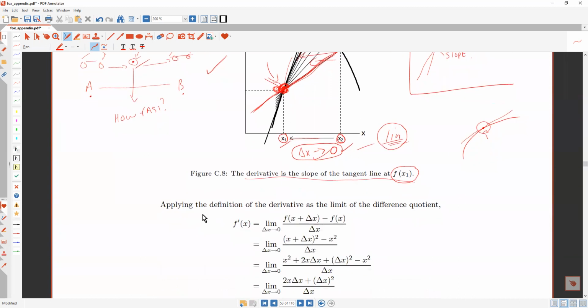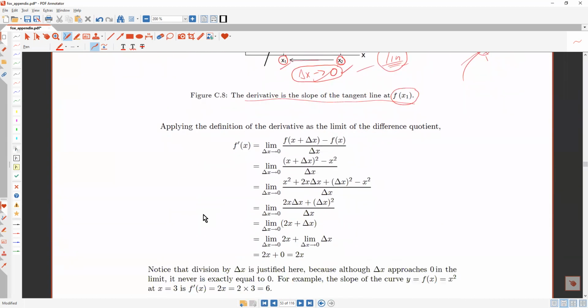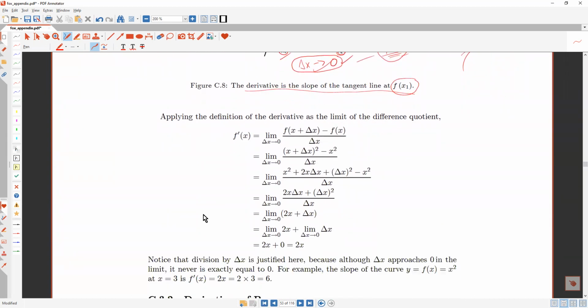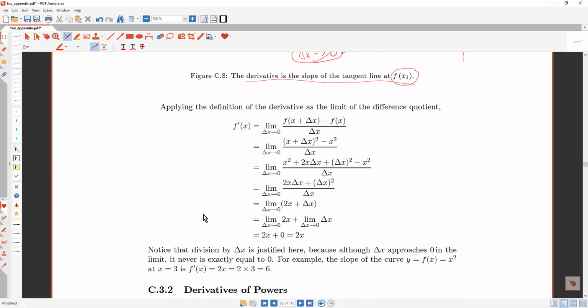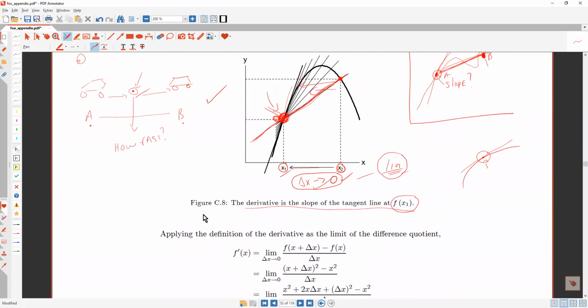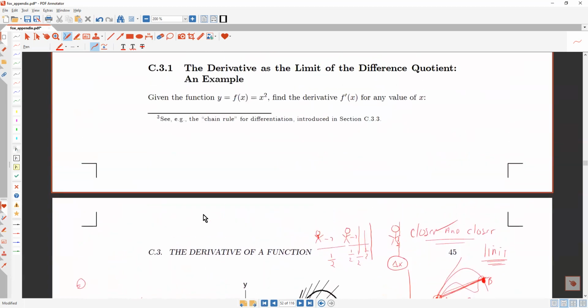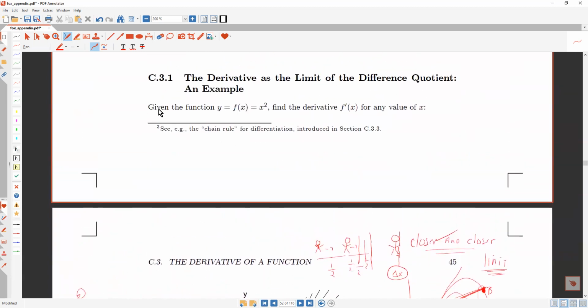And beyond that, we can develop computational techniques for computing derivatives. For instance, in this example that the author discusses, we are going to consider this particular function. That's x squared, so that's a quadratic function. And what is the derivative going to be?